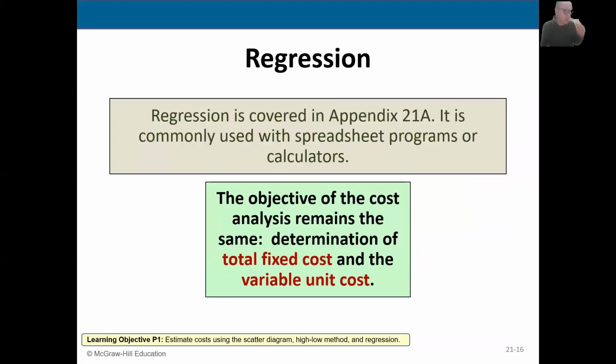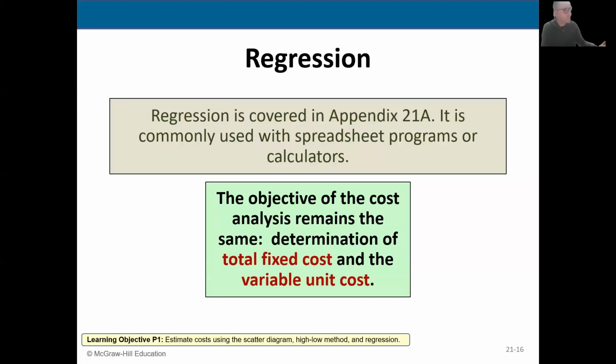Okay, and then regression. Regression analysis is a little bit complex, and if you've taken statistics, you may have come across a term called the least squares regression. It's also known as regression analysis. It's a statistical model for identifying cost behavior. In Excel, there are two functions for this: the intercept function and the slope function.